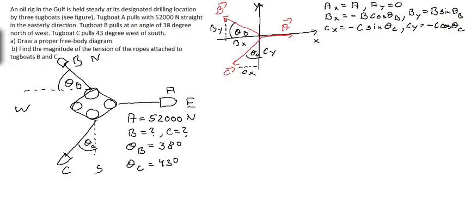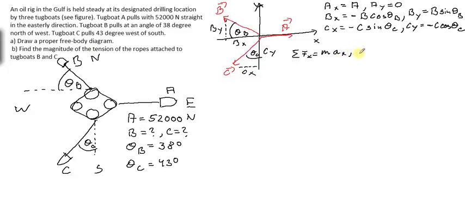We have found all the components. Next thing we need to do is we need to apply Newton's laws. This is all in a steady state, so we have the sum over all forces in the x direction equals the mass of the drilling rig times ax.